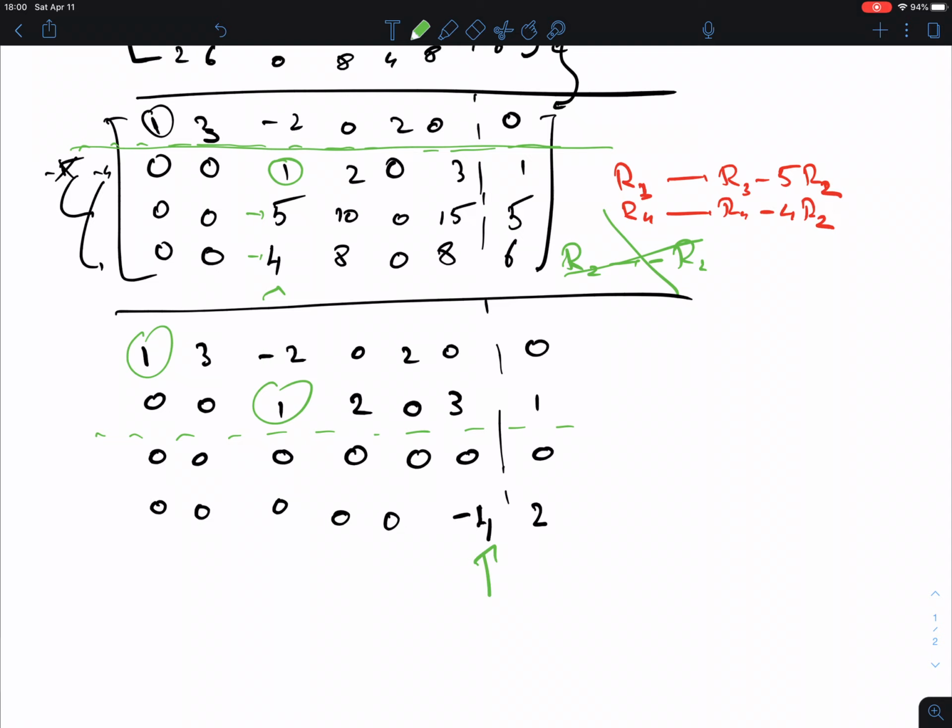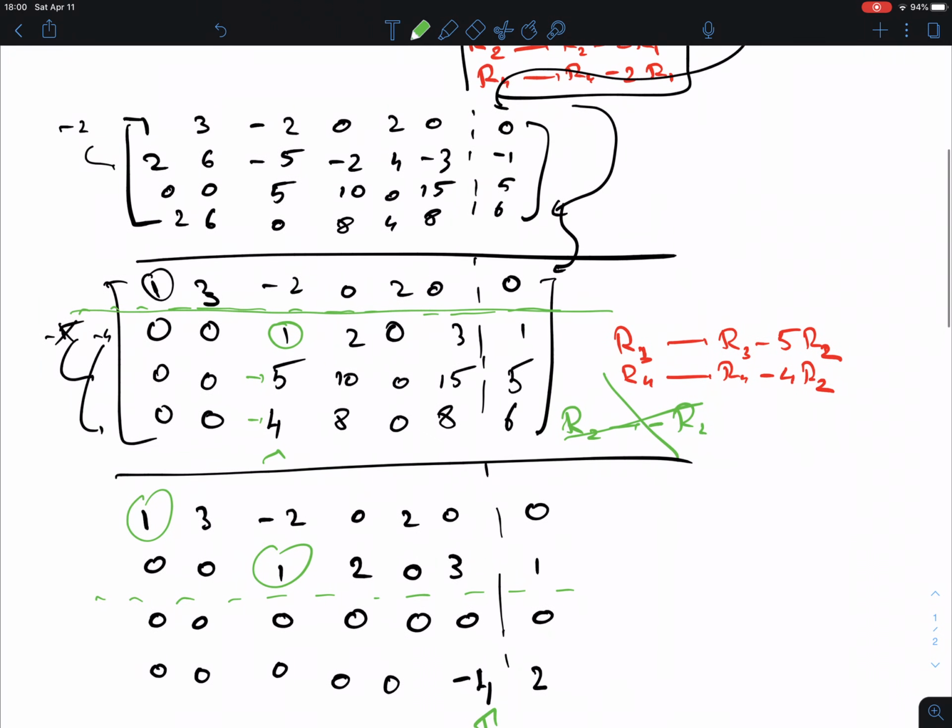I'm a little bit concerned, did I make a mistake here? Because it's -12. Sorry, I'm looking at my calculations here and they're off by 1. What did I do here?